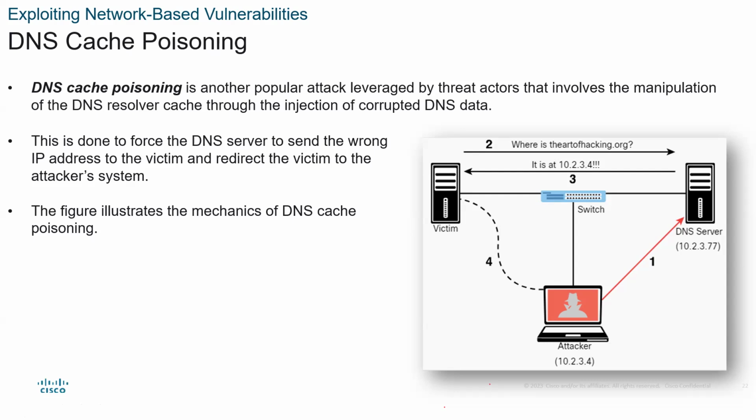Let's put it this way: theartofhacking.org is what I've injected into the DNS server database, such that the information is corrupt, but a client who wants to go, let's assume the site I'm trying to spoof is perhaps, let me see what I can do now.